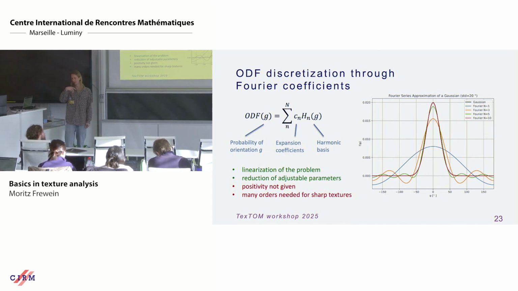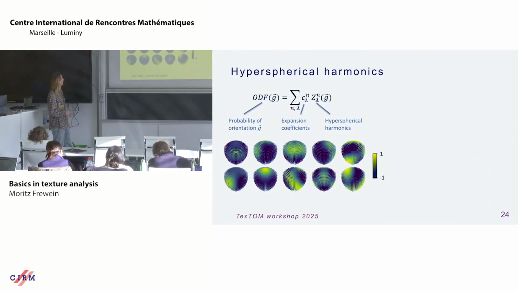So if we take this to 3 dimensions again, we need, of course, a 3-dimensional basis function. And what we are using are hyperspherical harmonics. So again, the ODF is reconstructed in the same way. We have a sum of coefficients. We have here 2 indices and the hyperspherical harmonics.